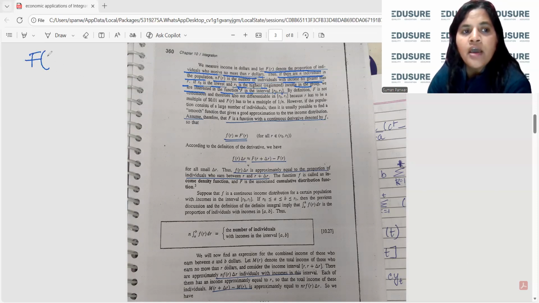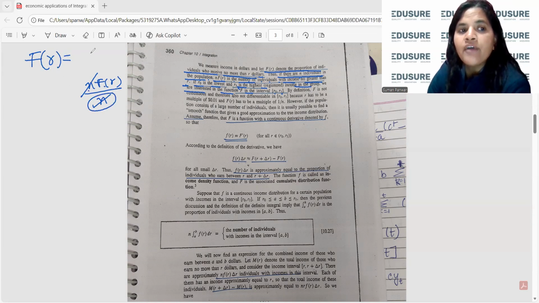So F(r) is the proportion of individuals who receive no more than r dollars. If there are n individuals in the population, then nF(r) is the number of individuals with income no greater than r, because the ratio is F(r). So nF(r) divided by n will give me F(r). F(r) is nothing but the number of individuals earning no more than r dollars, that means less than or equal to r, divided by the total population.